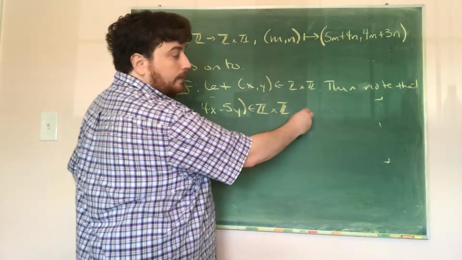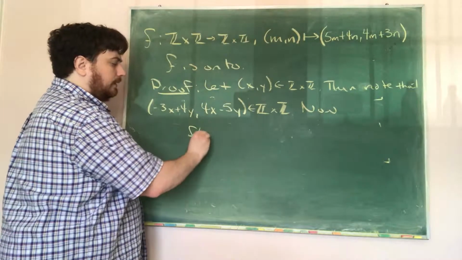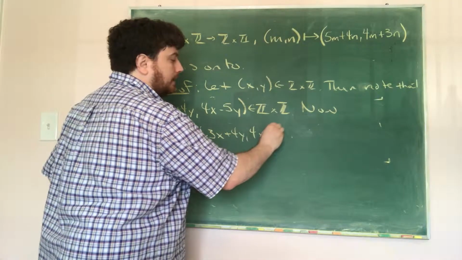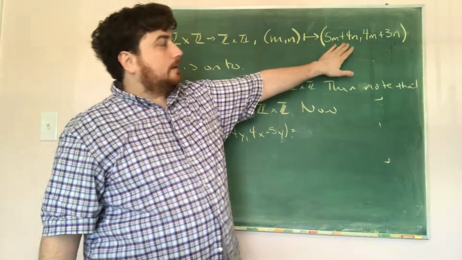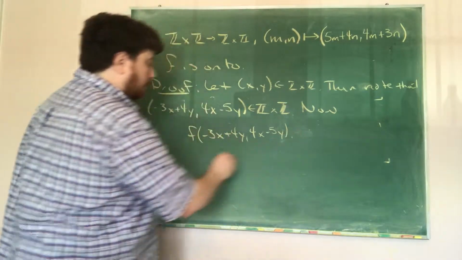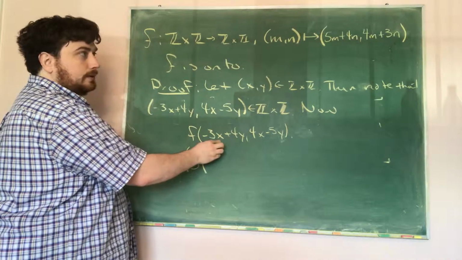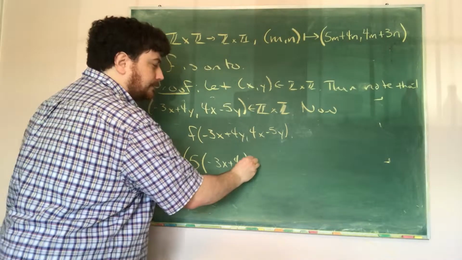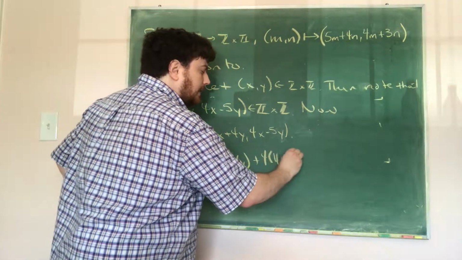Now, from there we can say that f of negative 3x plus 4y comma 4x minus 5y is equal to, well, we know f is this function, so we're just going to say this is equal to 5 times m, which is the first term, so that's negative 3x plus 4y, plus 4 times n, which is the 4x minus 5y.